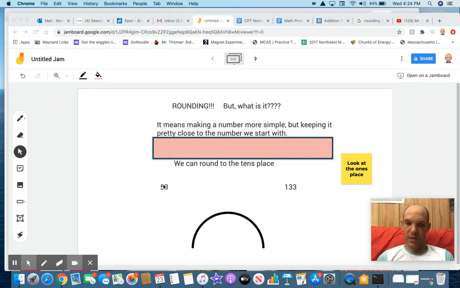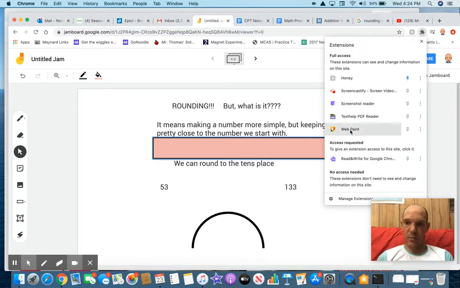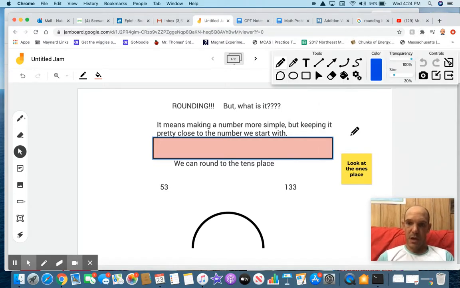And if you count by tens, 10, 20, 30, 40, 50, 60, 70, and so on, 53 comes between 50 and 60. So what I would do, and I'm going to use WebPaint for this, I'm going to think of the number 53, and 50 comes before it. So on this thing that I'm going to call a rounding hill, we would write the number 50, because 50 is the 10 that comes before 53.